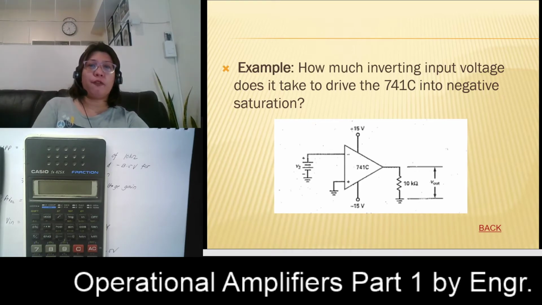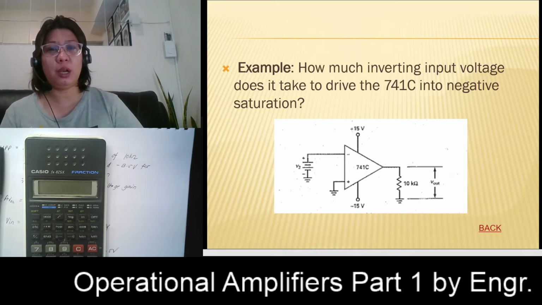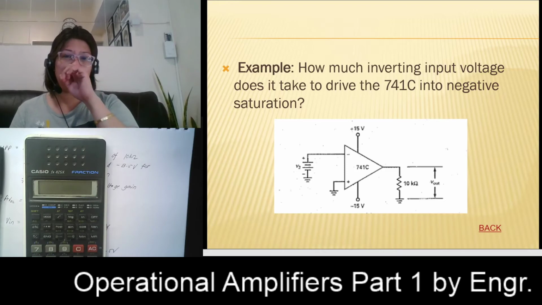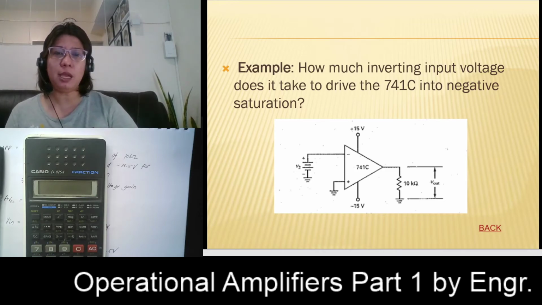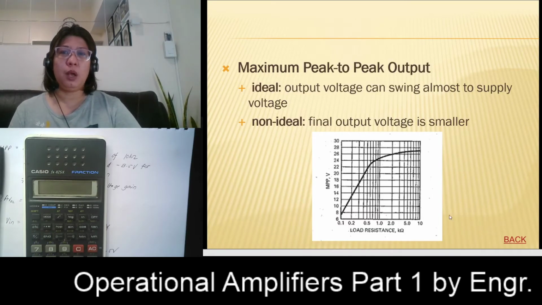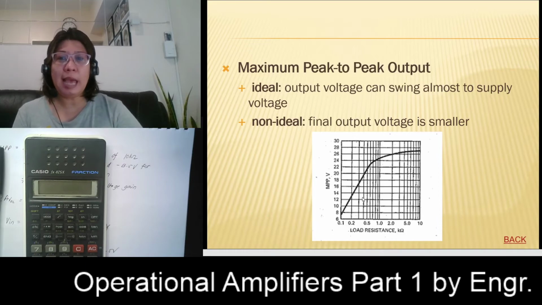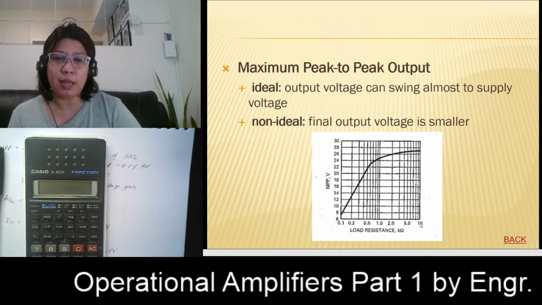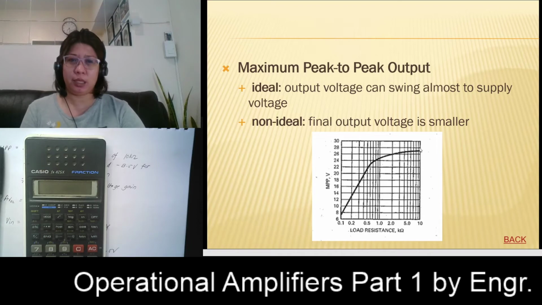However, we mentioned a while ago that when we make use of a 10 kilo ohm load, we only have a value equivalent to 27 volts.